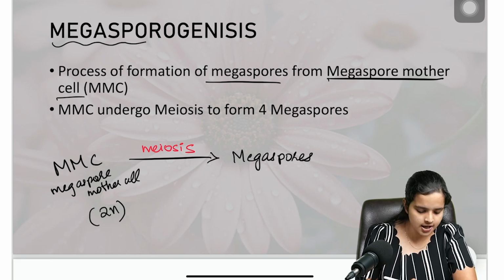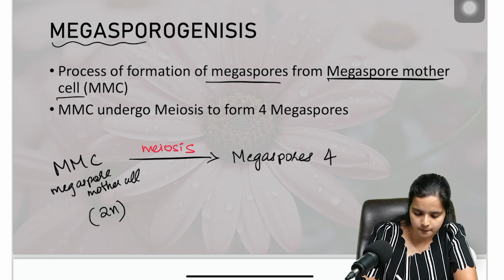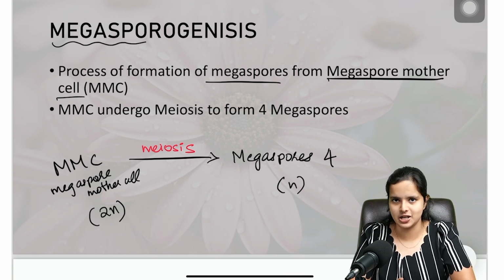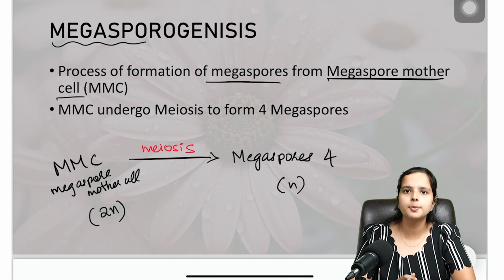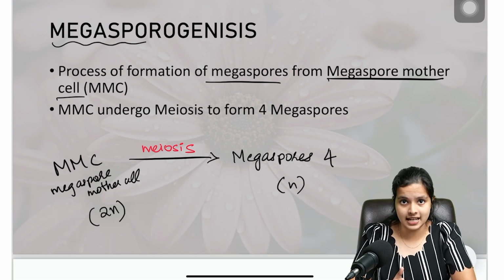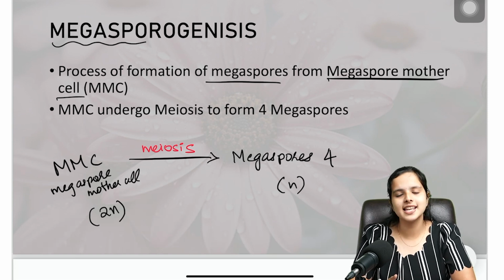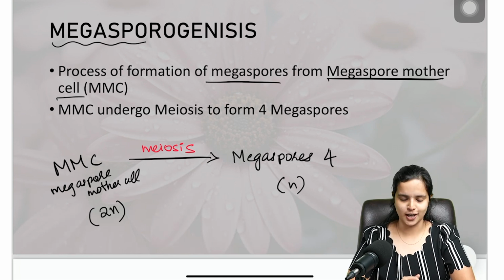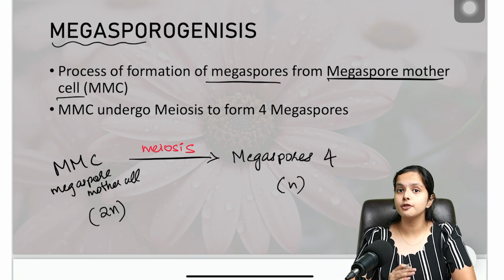So as a result, you get 4 megaspores, which are all haploid, because of course it's reduction division. Meiosis, otherwise known as reduction division, divides the ploidy into its half. So if the MMC was diploid in nature, the megaspore is obviously haploid, and you will get 4 megaspores because it is meiosis we are talking about. So you'll have 4 megaspores.